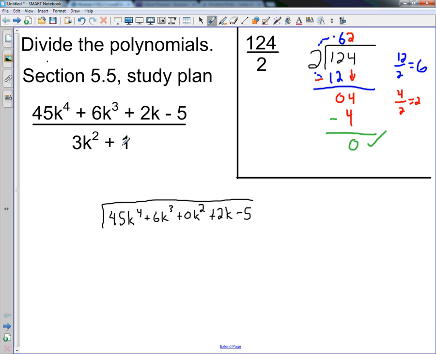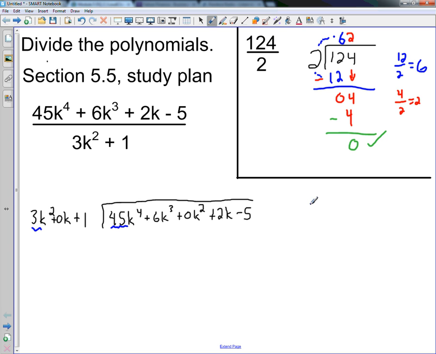Now what I'm dividing by, we have a 3k squared. Notice that I'm missing the k, so I'm going to have a plus 0k plus 1. Alright, so now that we have it set up properly, here's the process. We're going to take this first term and divide it by the first term.